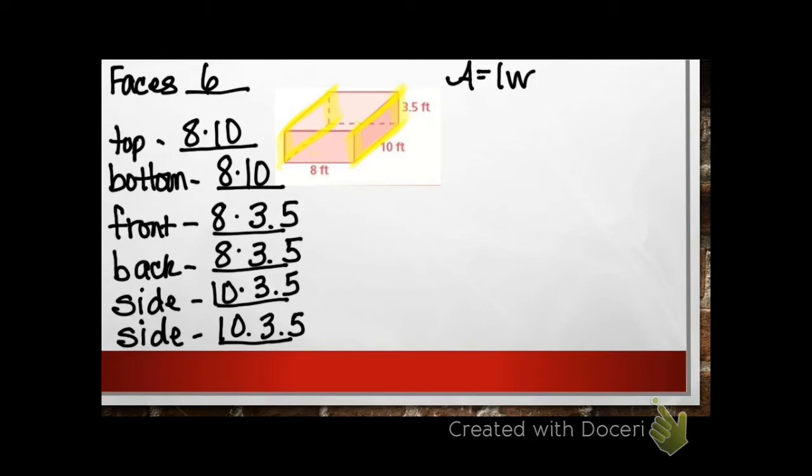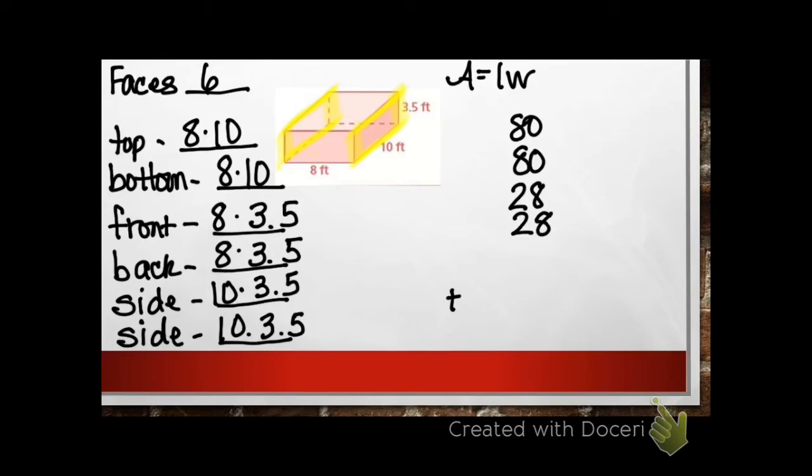All right, now let's just make our addition problem, right? We're going to multiply and we're going to make one long addition. So 8 times 10, 80. Just line your numbers up carefully so it'll be easy to add. 8 times 3.5, if you were to multiply that out, don't forget to put the decimal in your answer, and you're going to get 28.